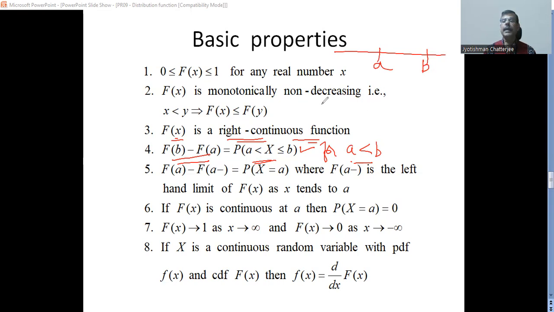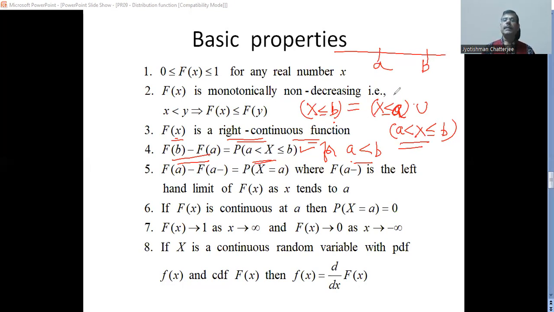Now, the event X less than or equal to B can be split into two events, namely a union: capital X less than or equal to B is the union of these two events, capital X less than or equal to A, and capital X greater than A but less than or equal to B. Obvious, because whenever the right hand side is true, of course capital X is less than or equal to B, and when capital X is less than or equal to B, then either it is less than or equal to A or it must satisfy this thing, no other.